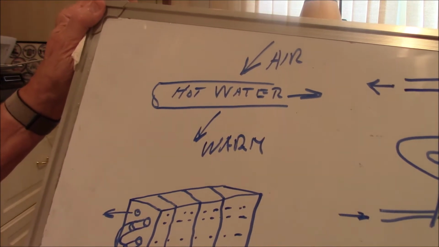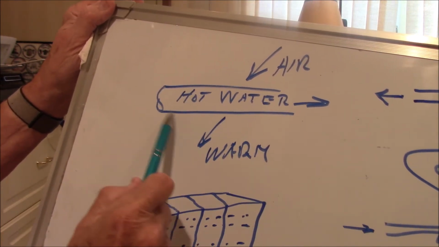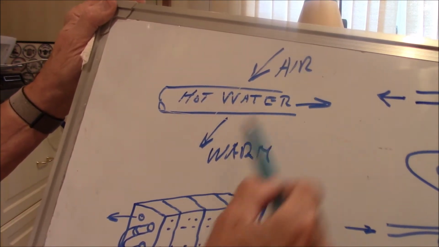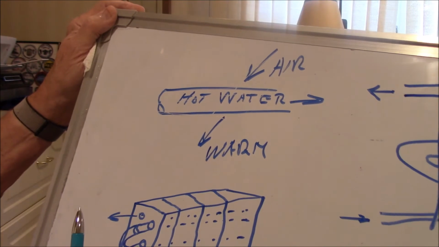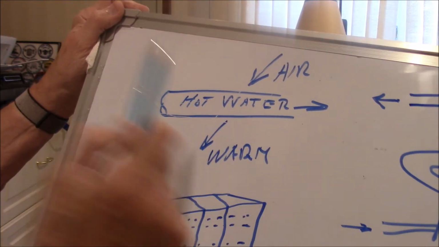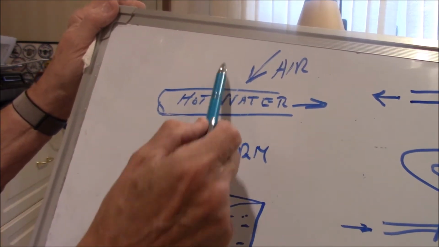Now let me describe a heat exchanger. Like I said before, just a tube with hot water running through it and air blowing across it is a basic heat exchanger. That will change the temperature of the air as it hits that hot tube. To make it more effective, you add fins to it.